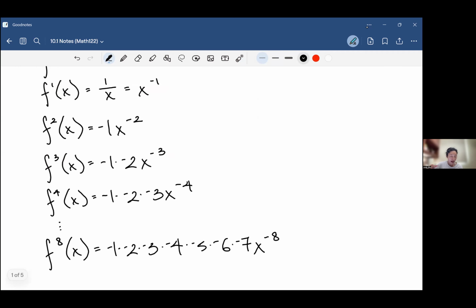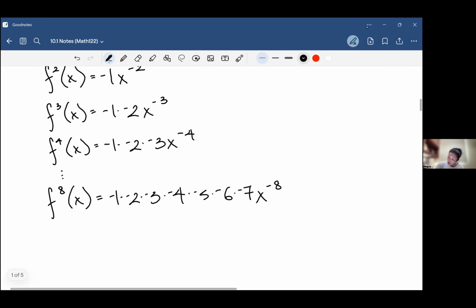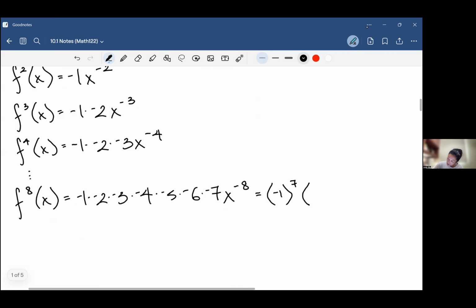Okay, so the pattern here is not as gross as I think the other one was, but let's start using the idea of factorials and pulling out those negatives to see what we actually have. This time I'm going to start from the eighth one. I can pull out, let's see, 1, 2, 3, 4, 5, 6, 7 copies of -1. And then I'm left with 7 factorial, and then I have x to the -8. Well, let's see what happens for the fourth derivative.